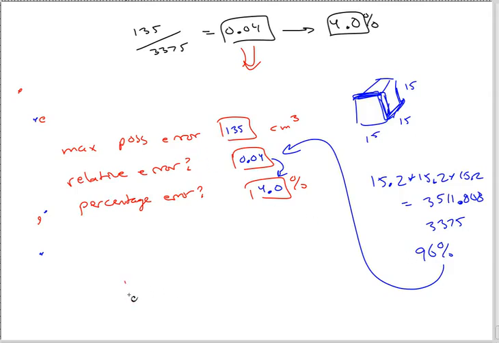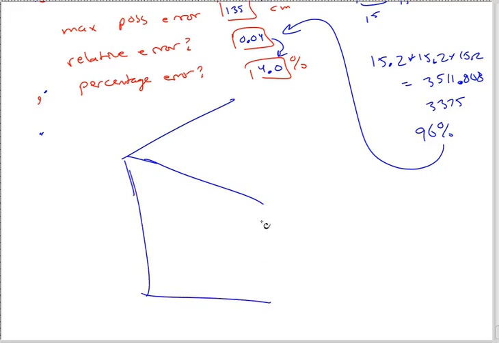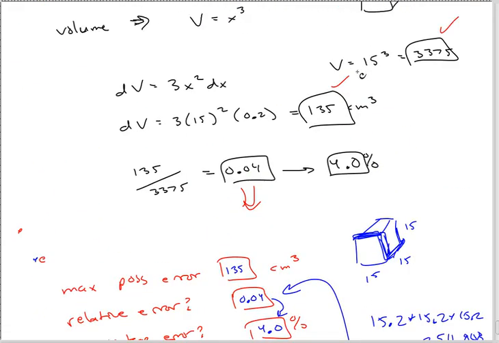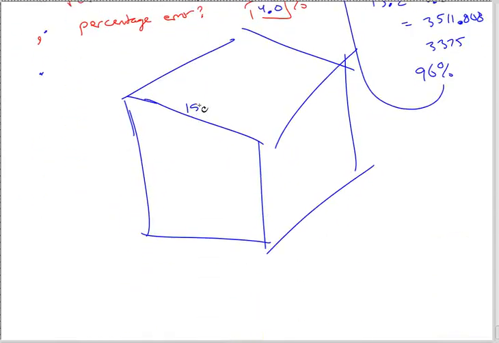So what if we had a super huge cube, right? Let's just not say it's 15 centimeters. Let's say this is 15 meters. Super huge. And then I'm saying, well, it could be off by a little bit. It could be off by 0.2 centimeters. I mean, that is so tiny in comparison to this thing.